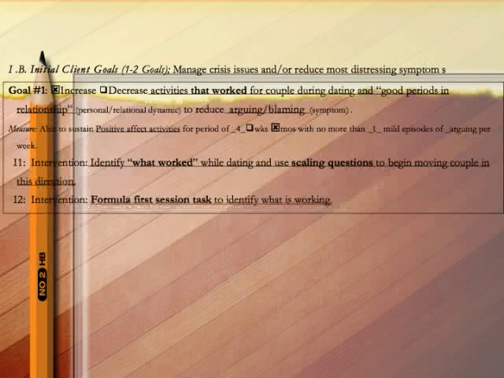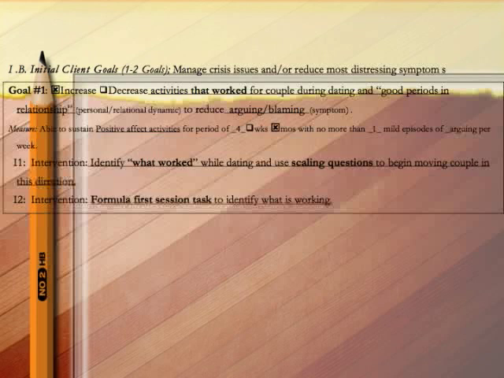Some people will say externalizing is the goal, and that's a technique. The goal is always going to be increasing or decreasing some kind of inter- or intrapersonal dynamic. So in this case, they are increasing activities that worked for the couple during the dating and good periods in their relationship in order to reduce the arguing or blaming, which is their presenting problem.